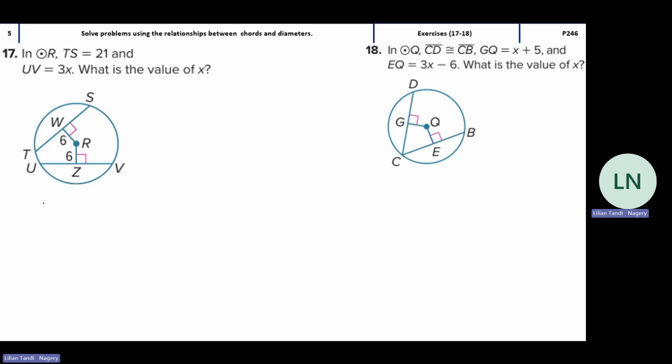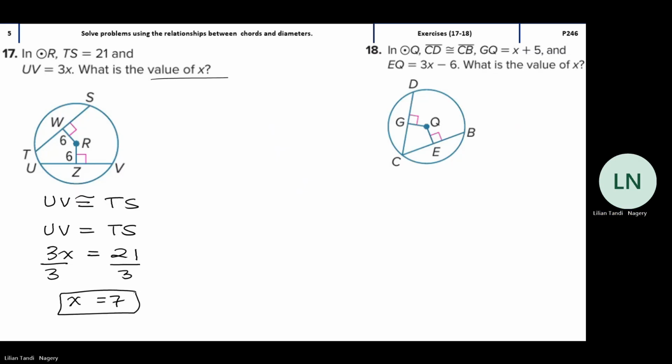So then I can say UV is equal to TS. UV is 3x, and this gives me 21. And the question wants x, so divide both sides by 3. x becomes 7. Okay?